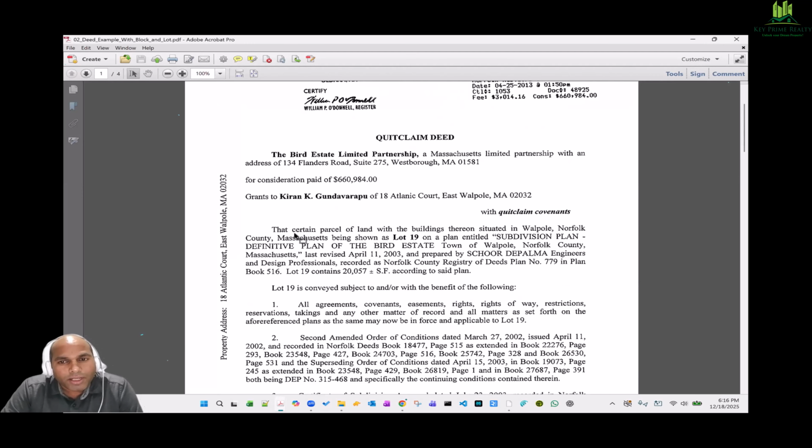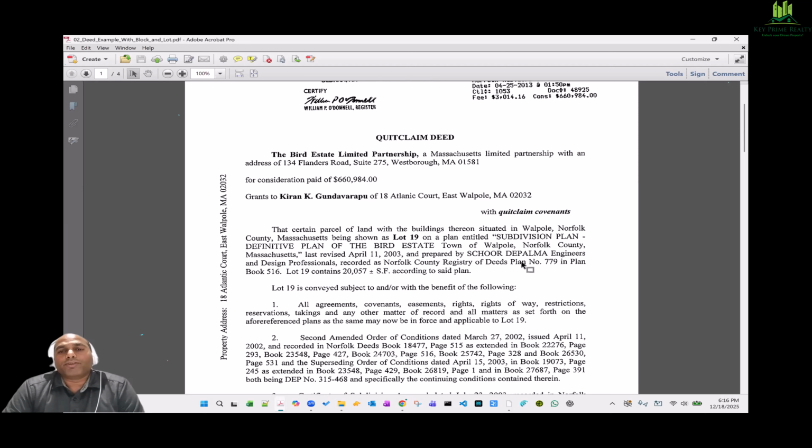What it says is a certain parcel of land with the buildings thereon situated in Walpole, the town and the county, and then it shows the lot number and then the subdivision plan. So this is more appropriate for the lots situated in a subdivision.